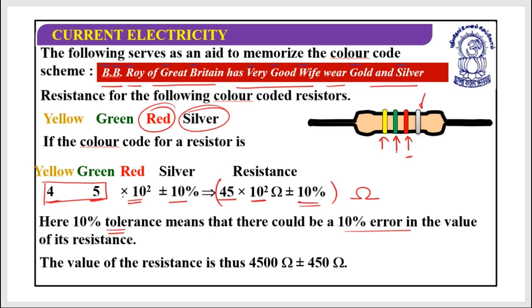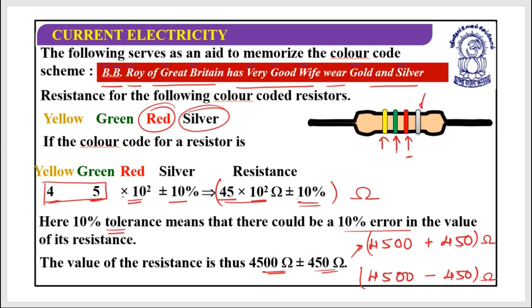So it's 4500 ohm, and 10% of 4500 ohm is 450 ohm. So the value of this resistance can go up to 4500 plus 450, or down to 4500 minus 450. These are the two possibilities. I hope the things are clear. Is it clear?